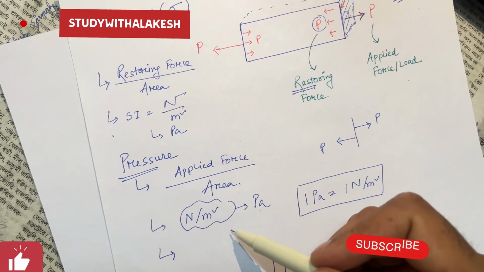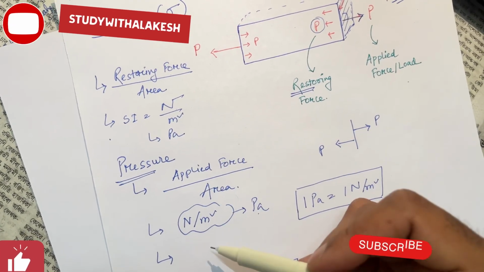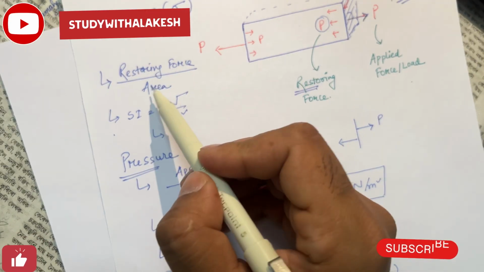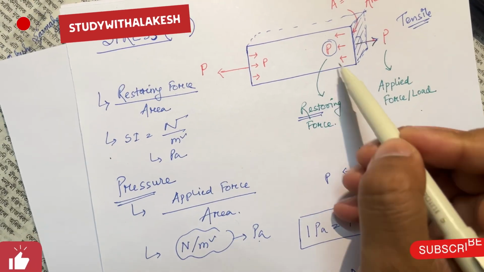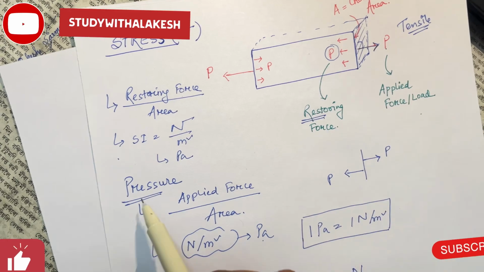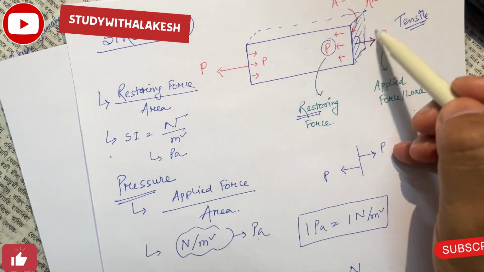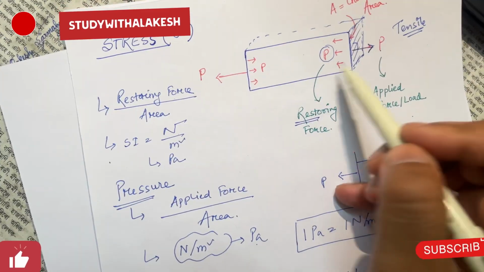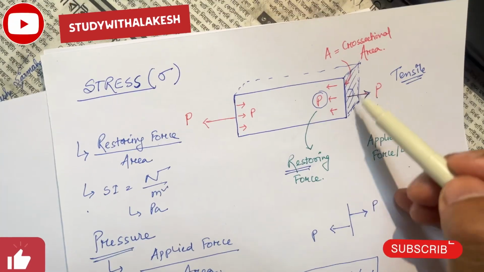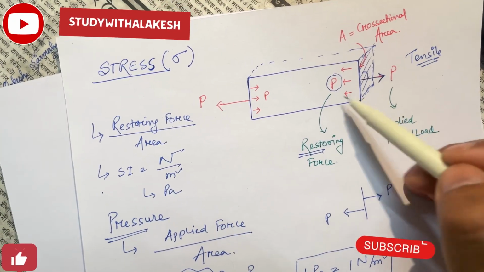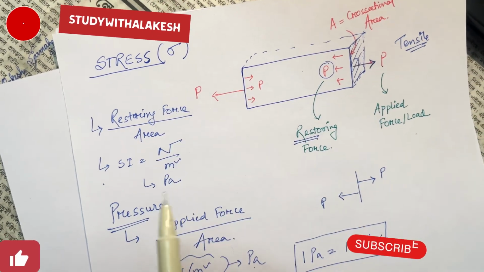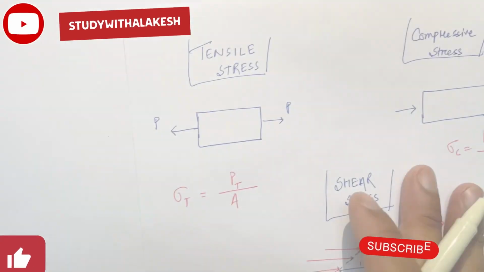Dimensionally they are not different, both have the same dimension, but the main difference is that stress is related to the restoring force and pressure is related to the applied force. Although both are numerically equal, conceptually this is the main difference between stress and pressure.